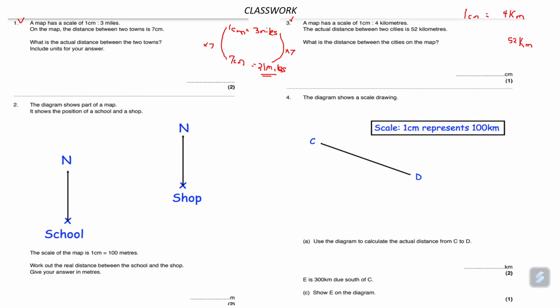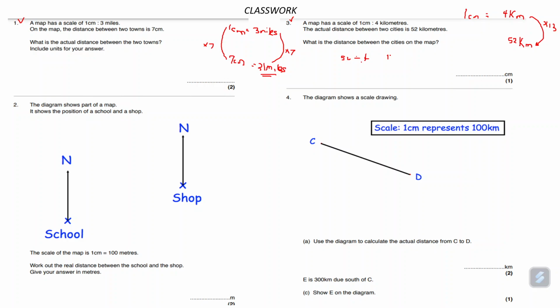In other words, you can divide 52 by 4. 52 divided by 4 will give us 13. So in other words, if you multiply 4 by 13, it will give us 52. So you multiply this by 13.